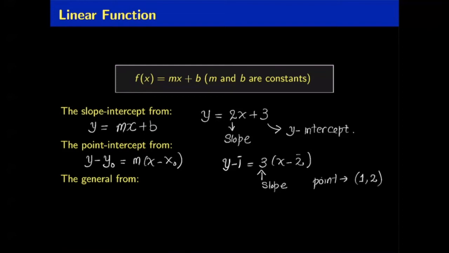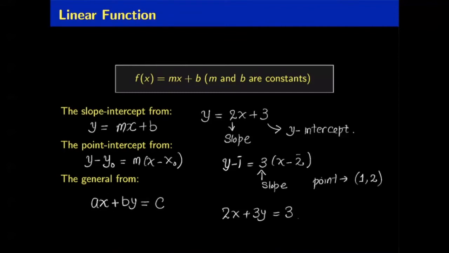There is also the general form, where x and y are both on one side and there is a constant on the other side. For example, 2x plus 3y is equal to 3.